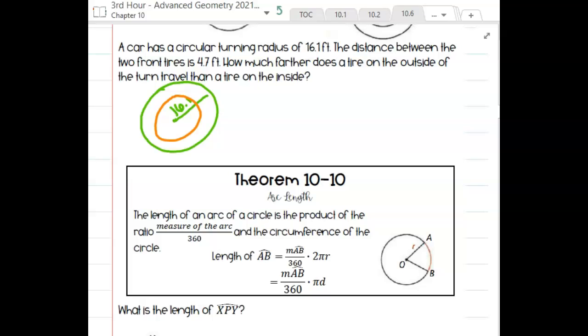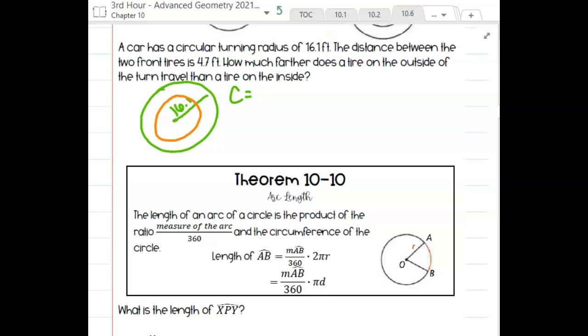I'm talking about distance here, so I need to know the distance around the outside circle. What would that be? A vocabulary word: circumference. I need the circumference of that green circle, and I also need the circumference of the orange circle, because that's the distance the inside tire travels. To find circumference, you need either the radius or the diameter.